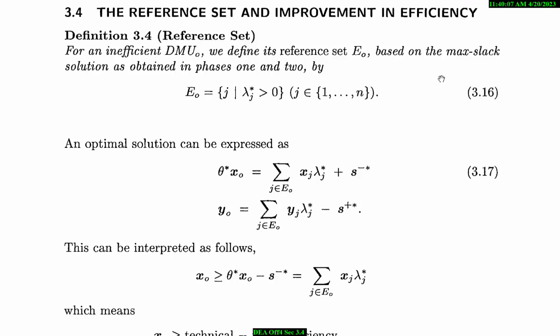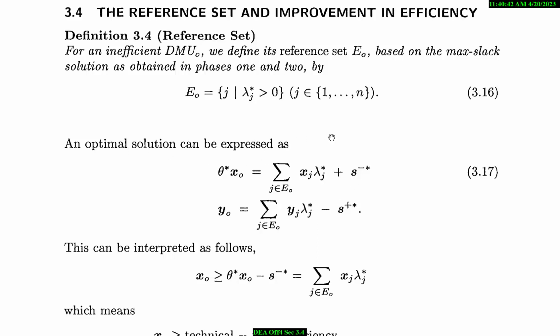Now if we refer to the constraints of the DLPO, which was solved, theta star was its optimal objective function value and lambda star, s minus star and s plus star its optimal values for the other variables.